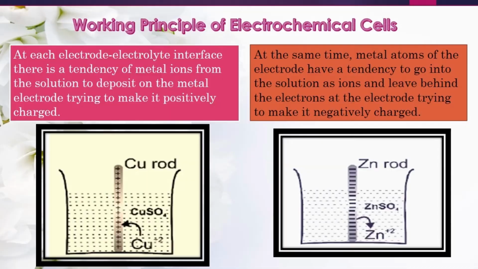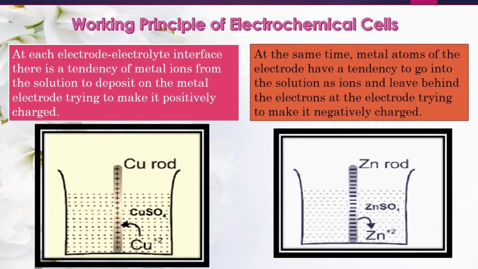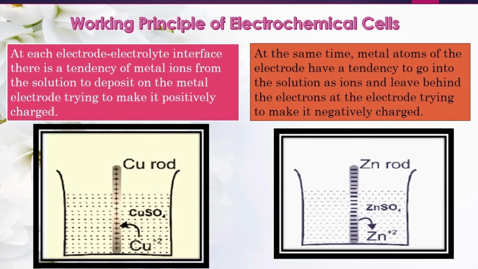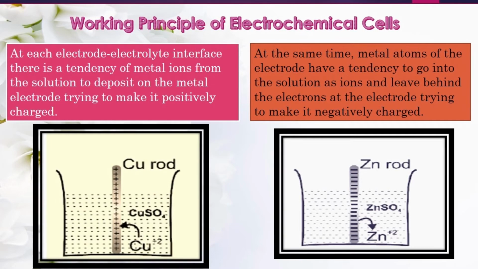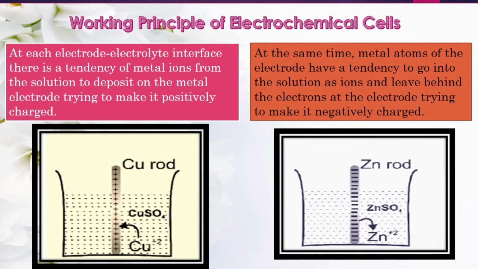Now, let's see how electrochemical cells work. If you take the interface of an electrode and electrolyte, the metal ions from the solution, that is the electrolyte, will have the tendency to deposit on the metal electrode. As a result, the electrode will get a positive charge.